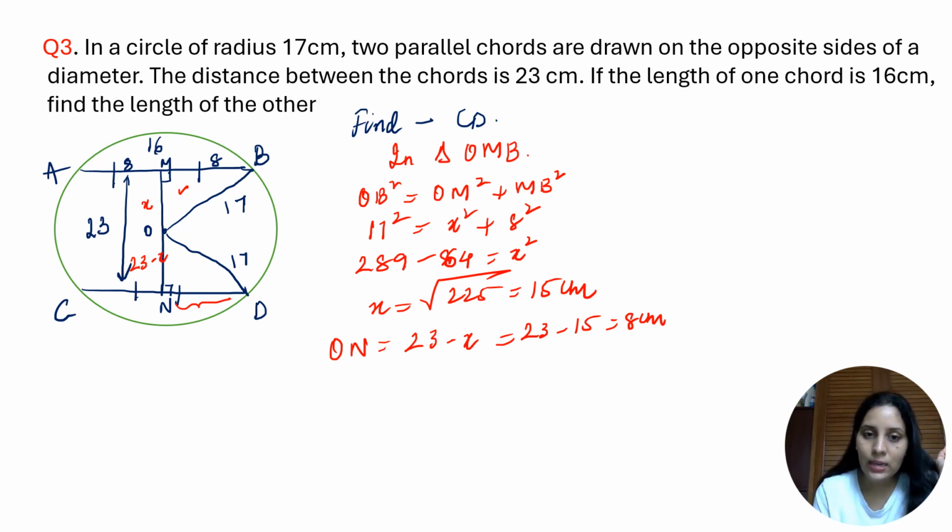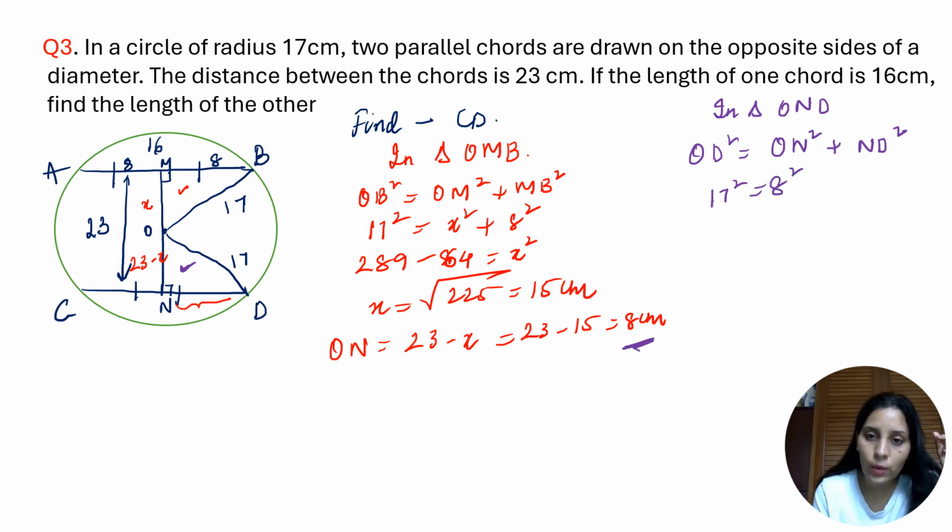Now since I have the ON value, I can consider triangle OND. Again applying Pythagoras theorem, OD square is equal to ON square plus ND square. 17 square is equal to ON, which we just figured out is 8 square, plus ND, which is what we need to find out. So 289 minus 64 is ND square.